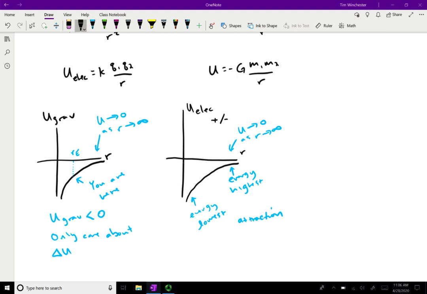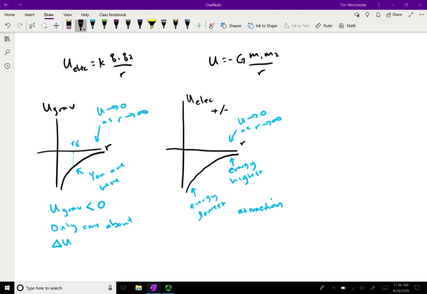But now let's consider what happens if we have the electric force between two particles of the same charge. So we have electric potential energy still, but this time we'll have either plus plus or minus minus. So this time we get a positive hyperbola like this, because the product of those two charges is going to be positive if they're both positive or both negative.